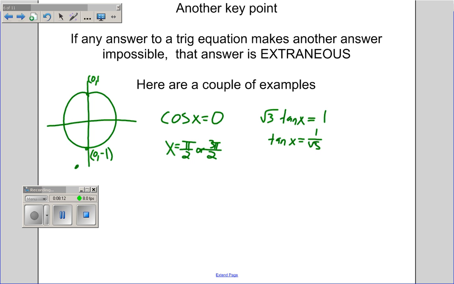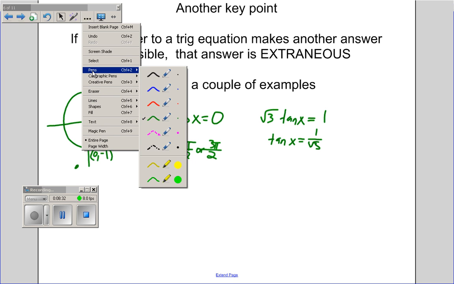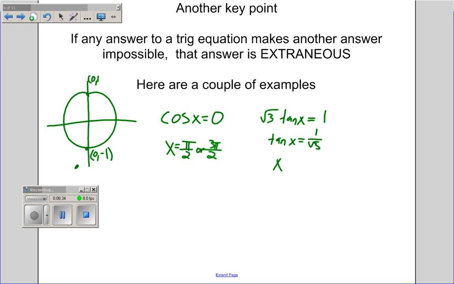But we've got to just hold on to this and be careful, because we could have an extraneous solution here. Now tangent x of 1 over the square root of 3, that is going to be 30 degrees. So x is going to be 30 degrees. But it also could be, because remember, in the first quadrant, all of the trig ratios are positive.